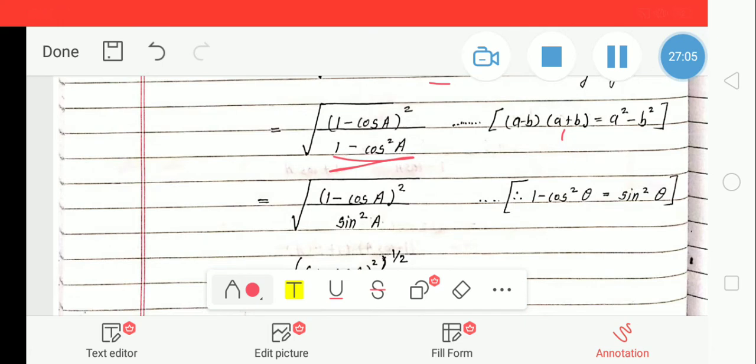We use this formula. We know that 1 minus cos square A means sin square A.